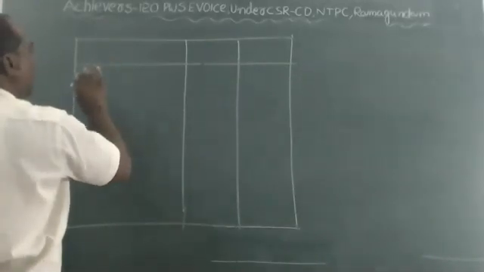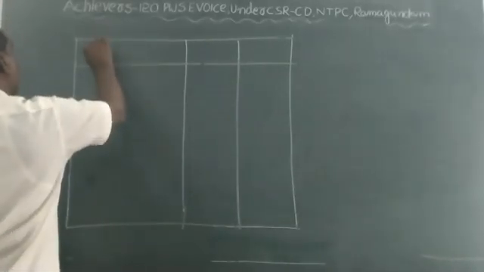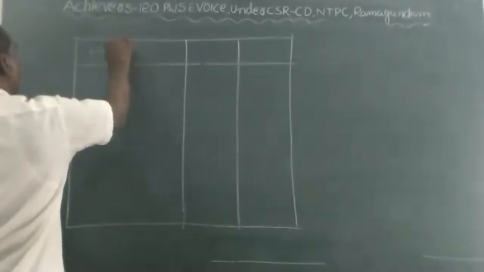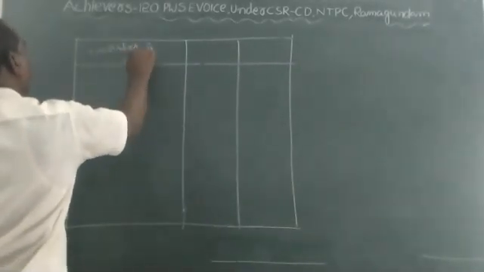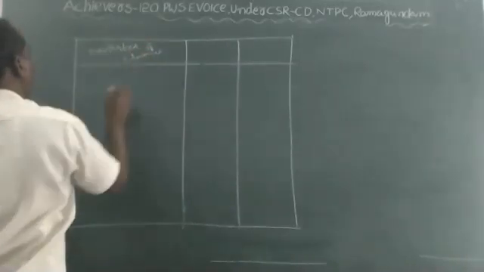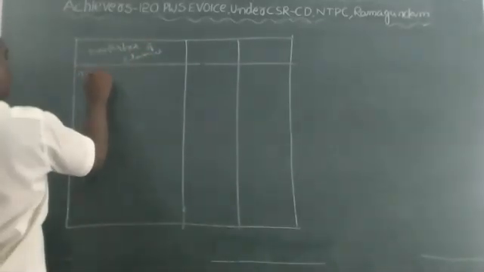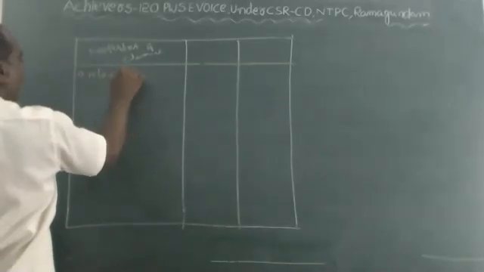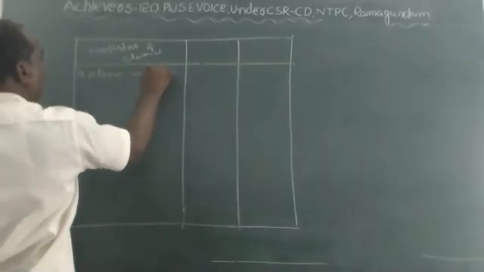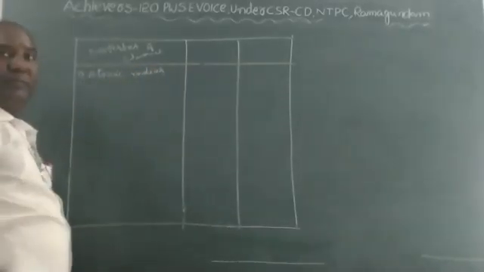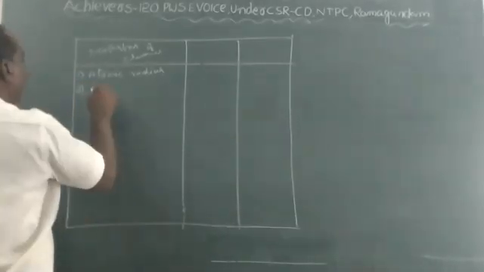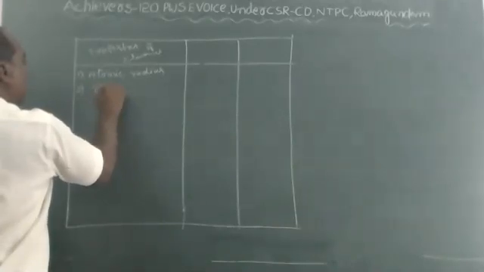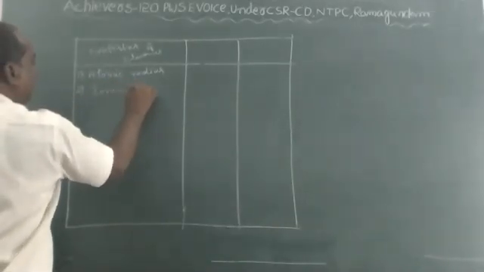Periodic properties of elements. First one is atomic radius. Second one is ionization energy.